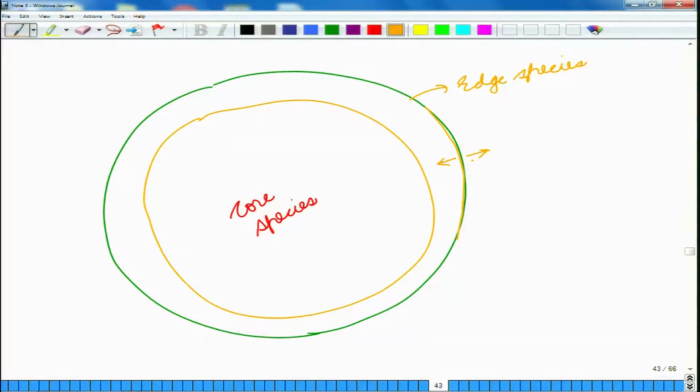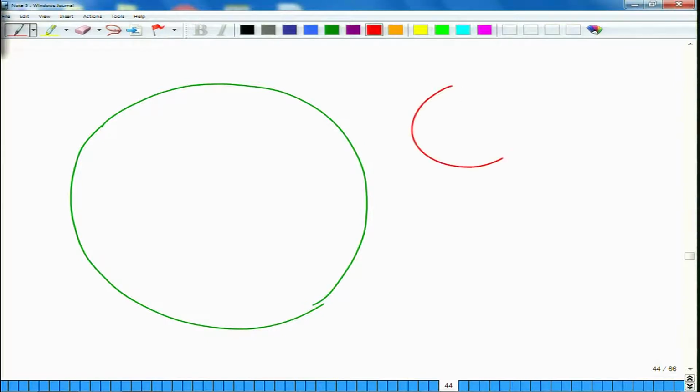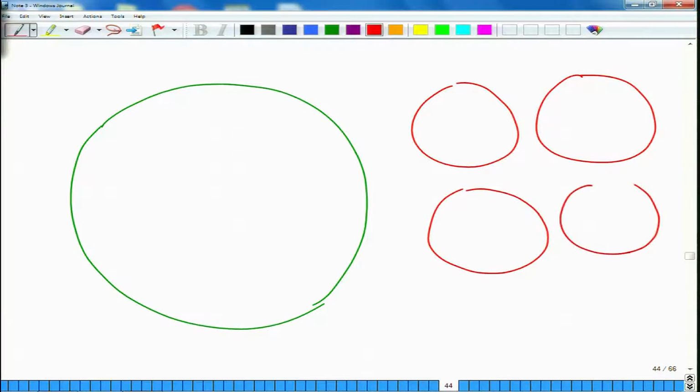So, when we talk about a reserve, suppose we have a large size reserve versus 4 smaller size reserves. In the large size reserve, we have less edge and more core available, and in these smaller reserves we have more edge when we add all the 4 parameters, and less core available.